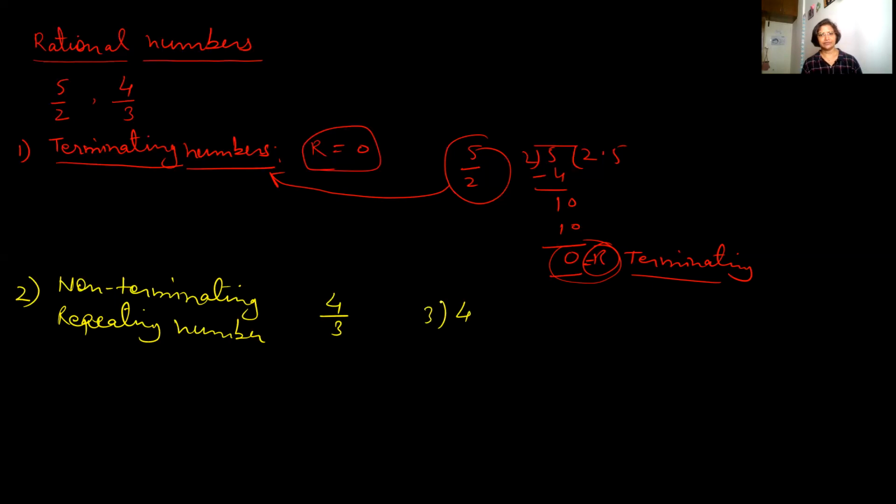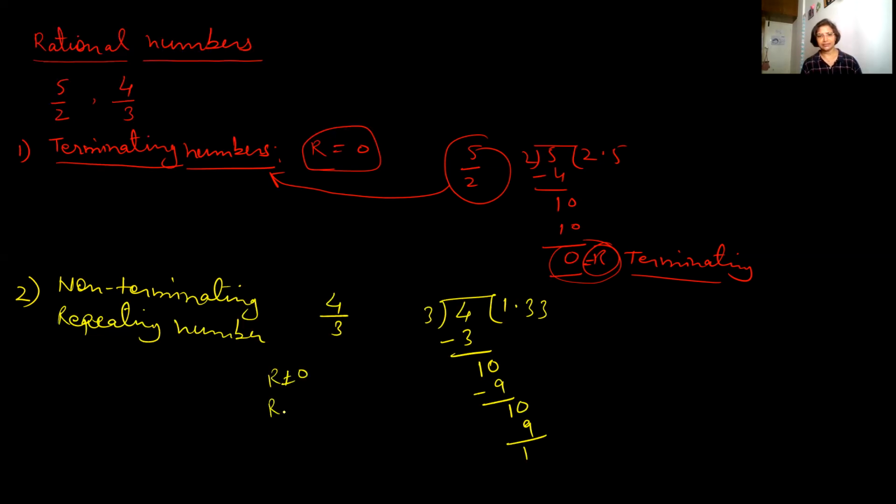If you are dividing 4 by 3, 3 1s are 3, remainder 1, then 3 3s are 9, remainder 1, again 3 3s are 9, remainder 1. So you are not getting remainder 0.